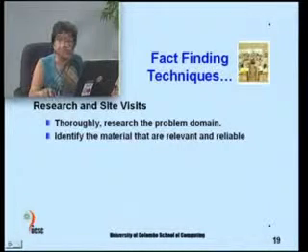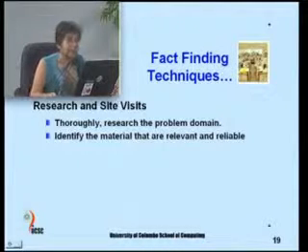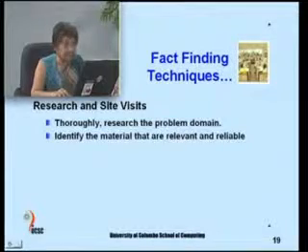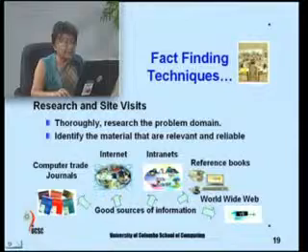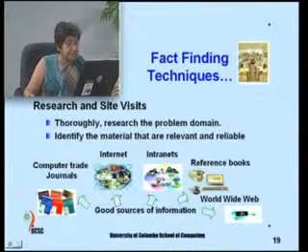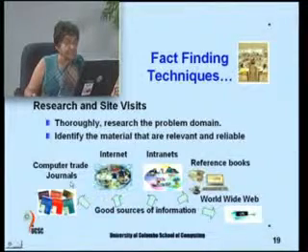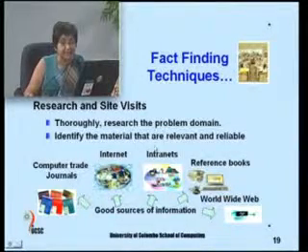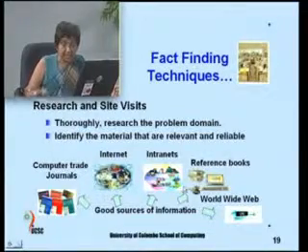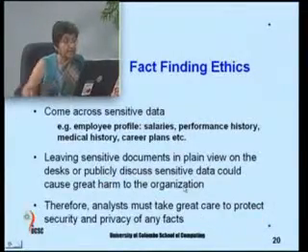If you have access to that place, you can go visit provided they give you permission, or you can always go to the internet and find the material that is relevant and reliable. This actually cuts a lot of time spent on analysis. So, computer trade journals, internet, intranets, reference books, World Wide Web. These are very good sources of information.